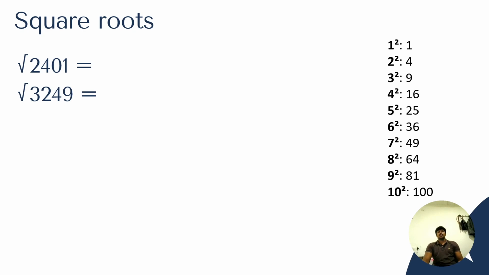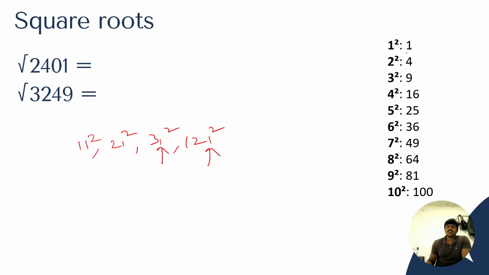Now square roots. To learn square roots, you have to at least know squares up to 10. That's going to make your process much easier. So just learn the squares up to 10. I have written them there. Now if you observe carefully, it can be 11 square, 21 square, 31 square, 121 square. If the number ends with 1, the square is also going to end with 1.